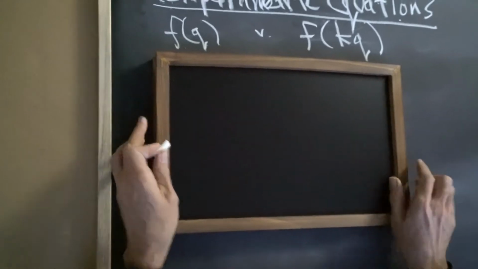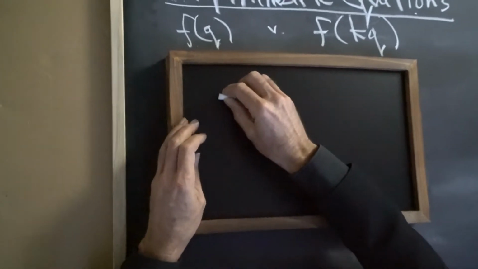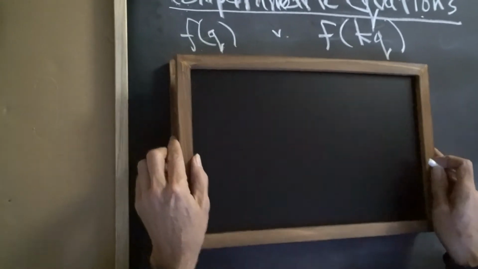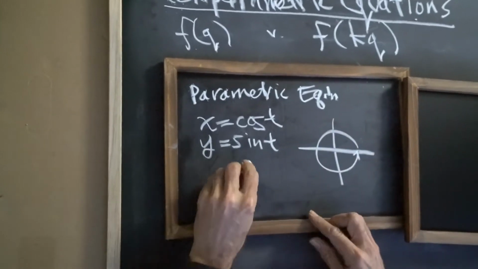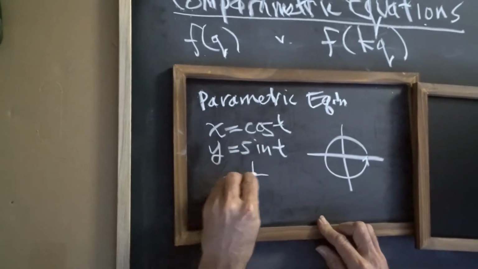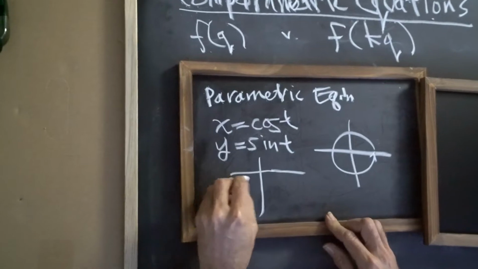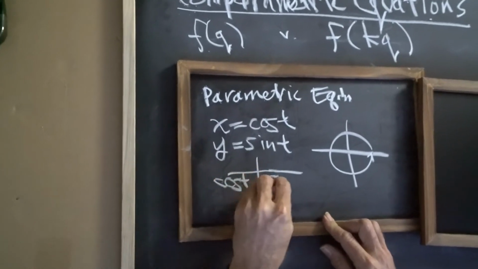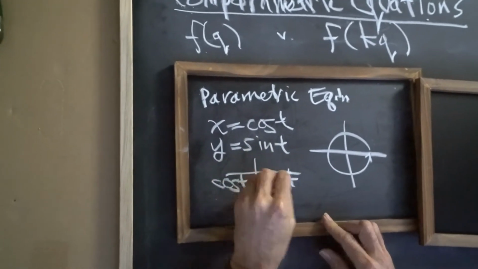A comparametric equation is an equation in which, if we had tables of x and y, we might have cos t and sine t.